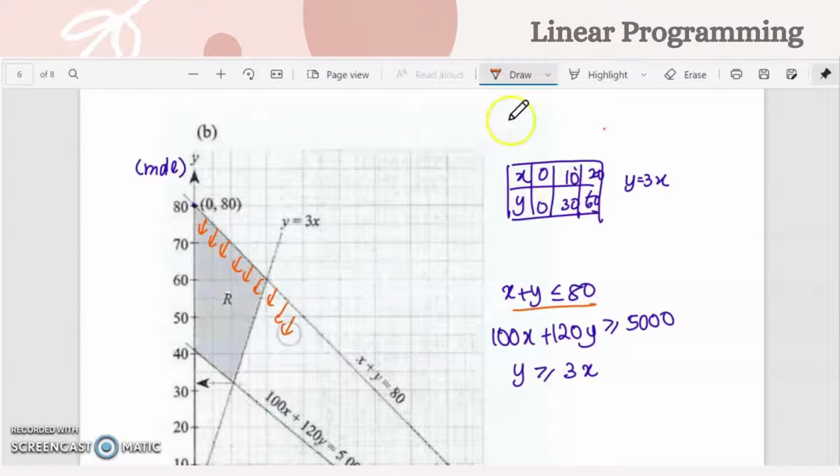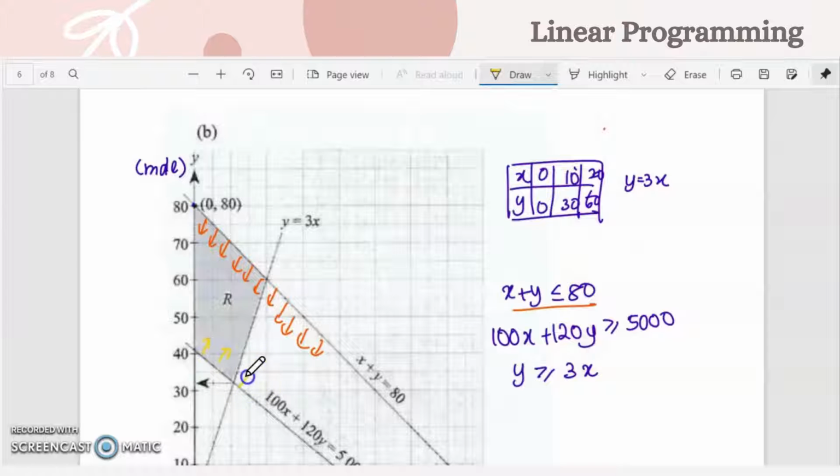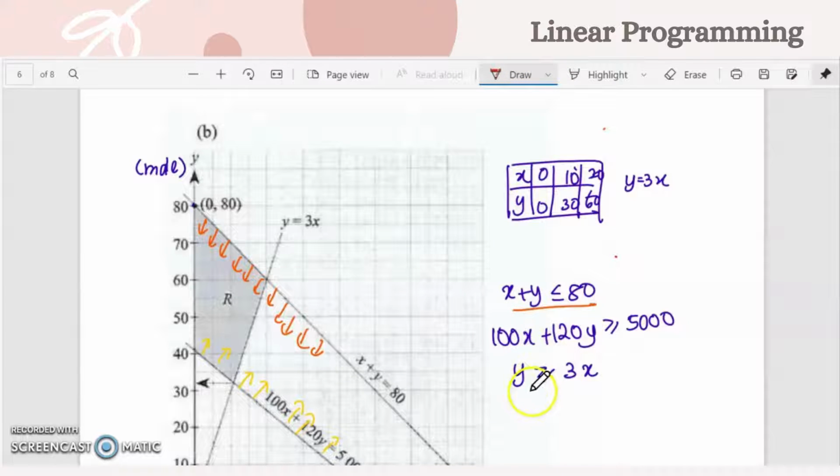And then 100X plus 120Y greater than equal to 5,000. So this one kita akan shade bahagian atas, everything atas this line, on this line. Okay, and then we have Y greater than equal to 3X. So when Y greater than equal to 3X, dia akan ada pada bahagian atas.